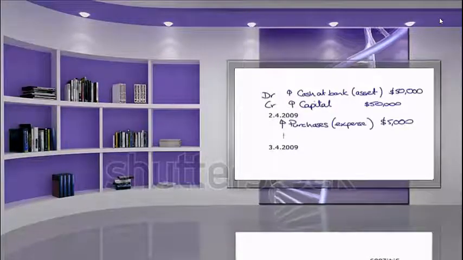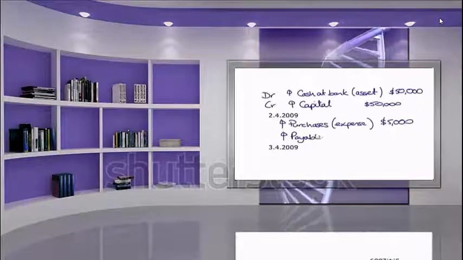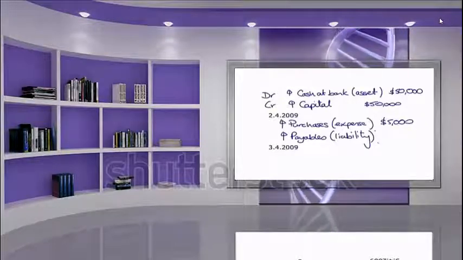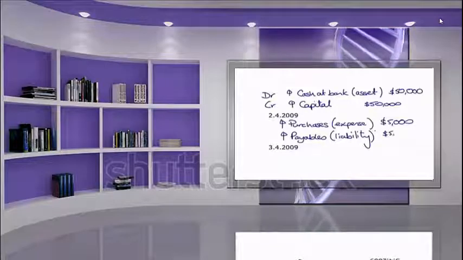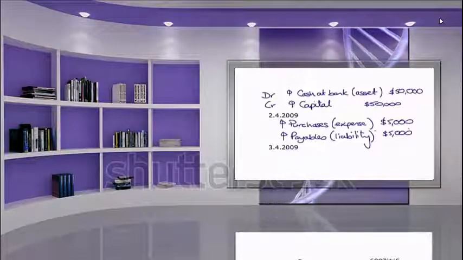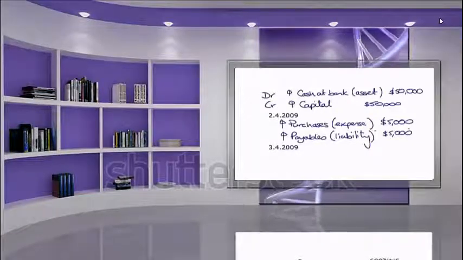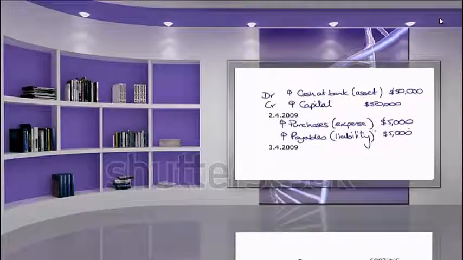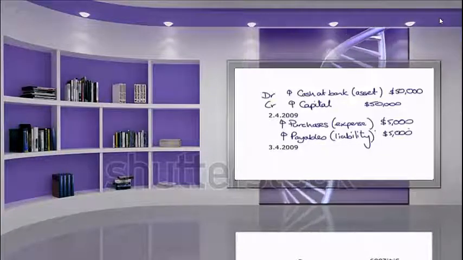So, we are going to increase our payables liability with the same amount that we just recognised that we owe to our supplier of $5,000. So we're increasing our expense of purchases and also increasing our payables liability as well. There we go. So that's the dual effect recorded.